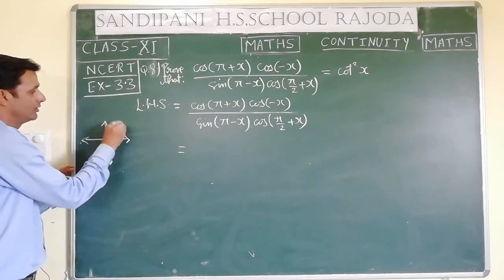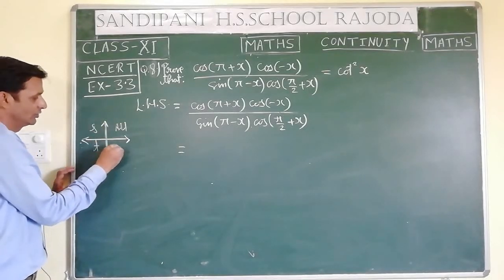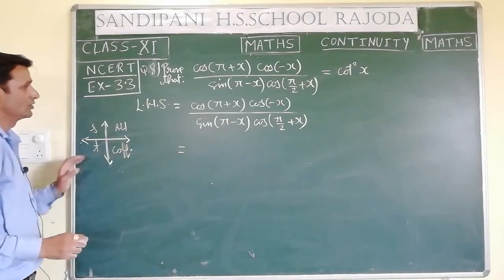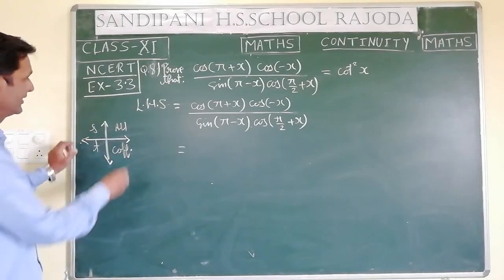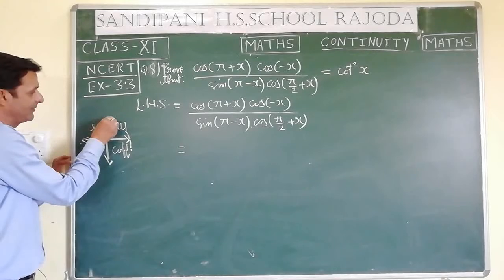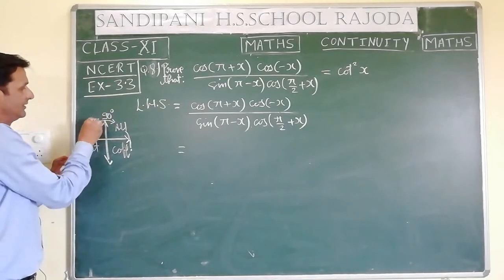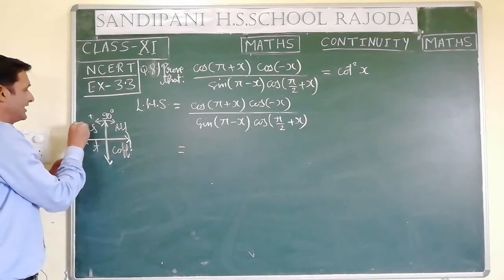All students take coffee. So here all trigonometric ratios are positive. It is first quadrant. It is 360 plus also or 90 minus also. This is 90 degree. This is 90 plus and this is 180 minus.